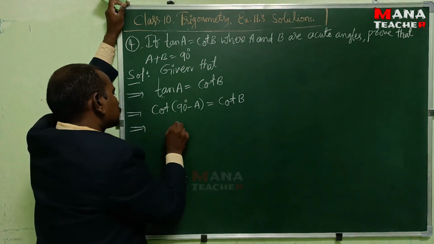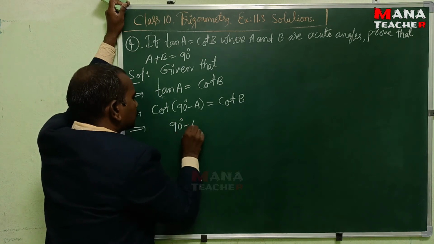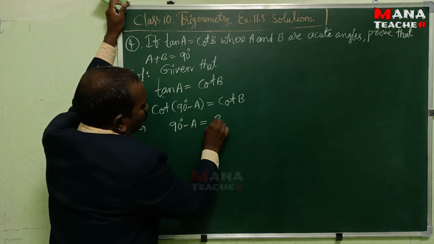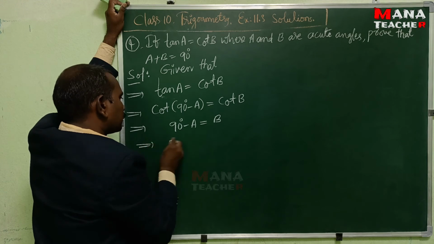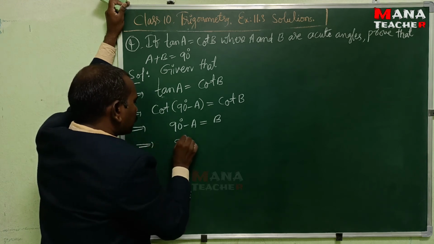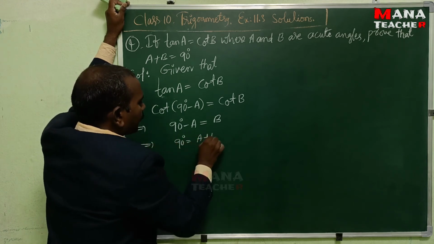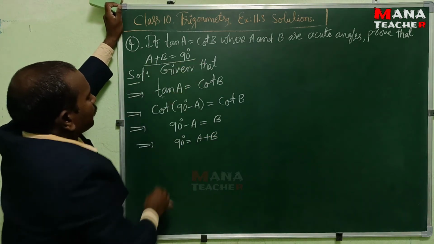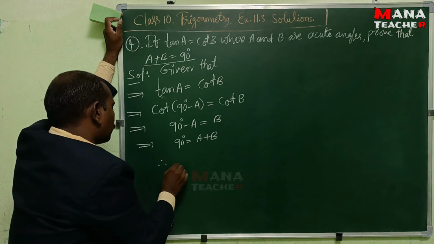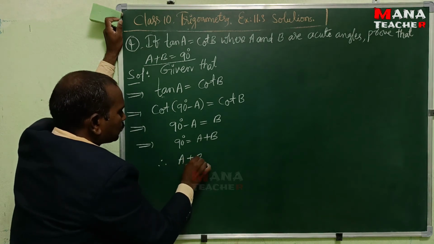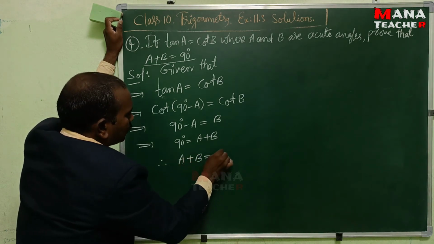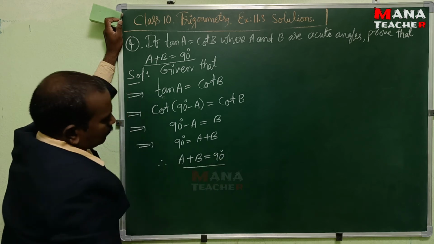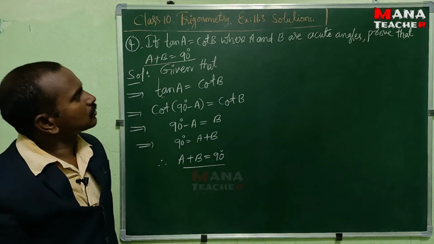Now compare the angles: 90 minus A equals B. Now 90 degree equals A plus B. Therefore A plus B equals 90 degrees. This is the solution of the fourth problem.